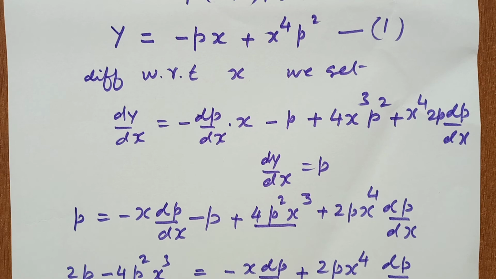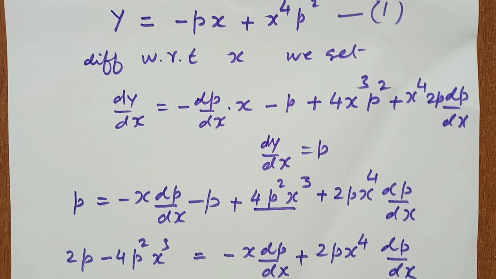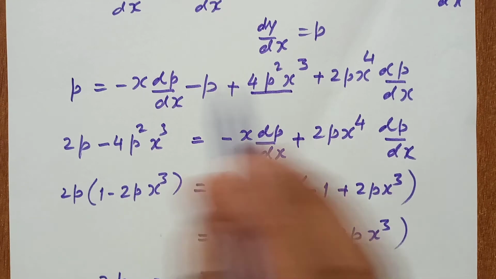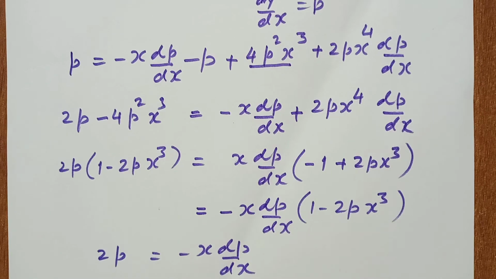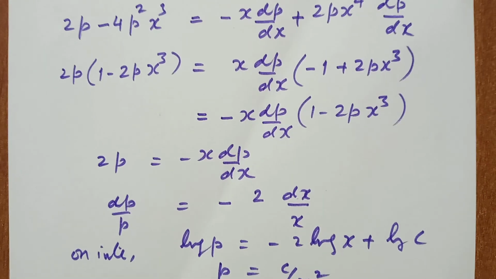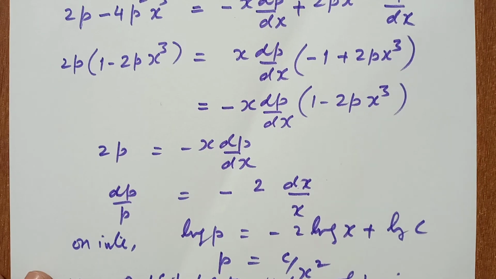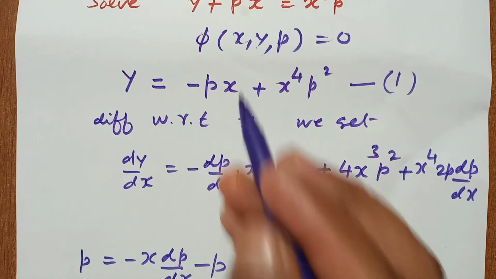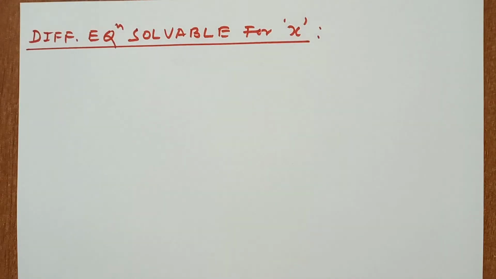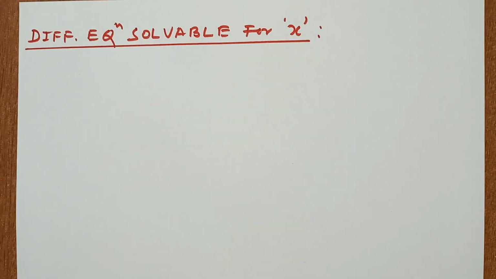Then our aim is to calculate the value of p. By solving these, we get the value of p, and by putting the value of p in the given differential equation, we get the solution. One thing is that if we can't find the value of p, then the last relation and the given equation together form the combined solution.